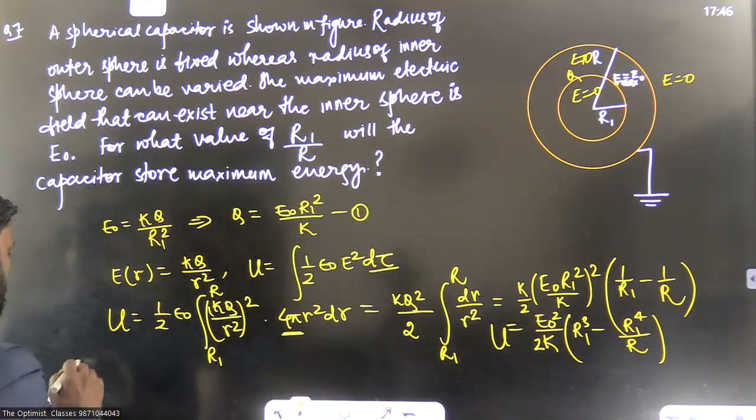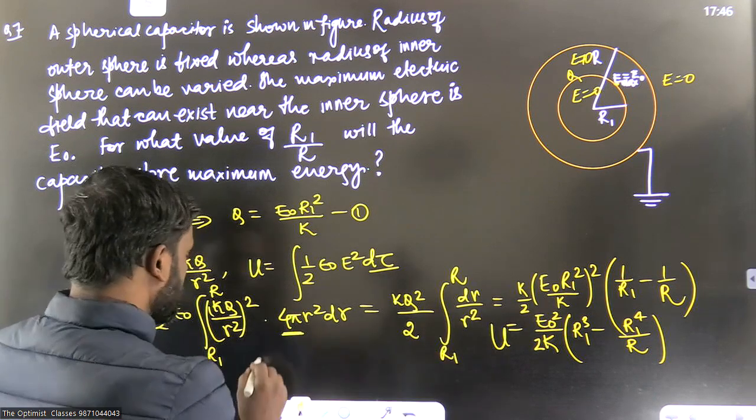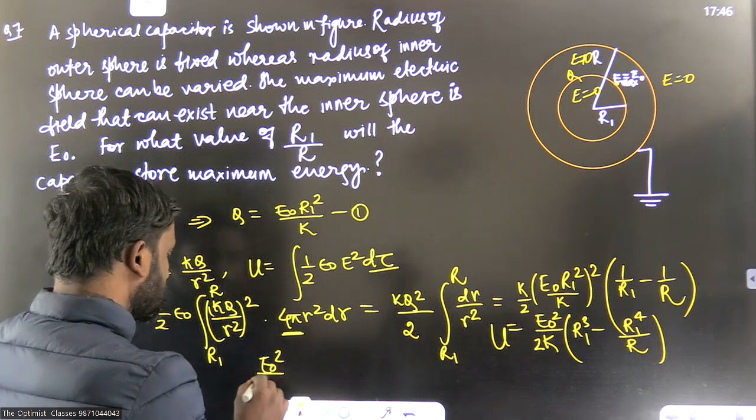Now we want U to be maximum. So we'll write dU by dR1, because R1 can be varied, equal to 0. When you differentiate, E naught square upon 2k is outside.